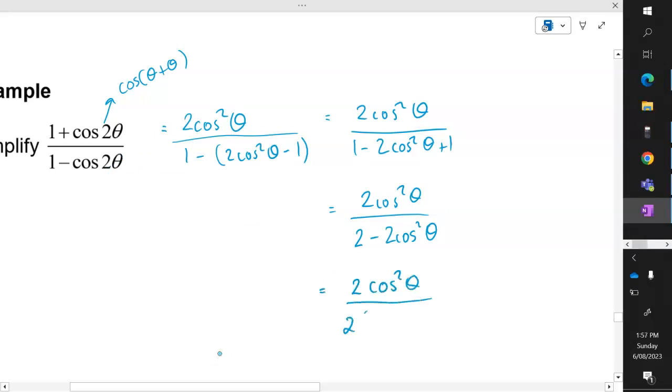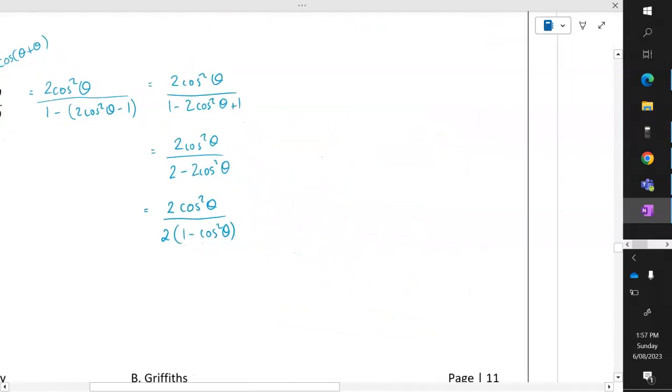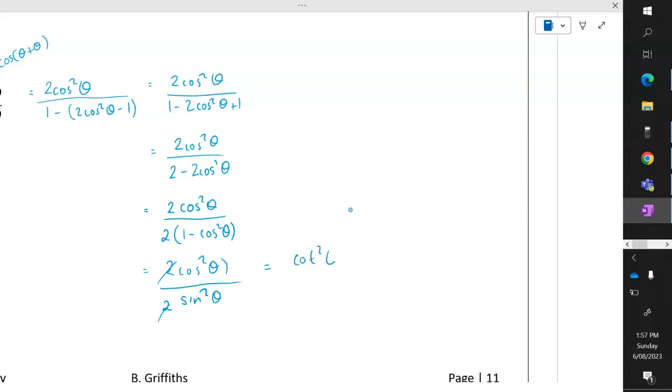The bottom one I'm going to factor out a 2. So I get 1 minus cos squared theta. We know that sine squared theta plus cos squared theta is equal to 1. So for the bottom line, our 1 minus cos squared theta is going to become sine squared theta. So what we end up with is the 2's cancel out and we end up with cot squared theta.